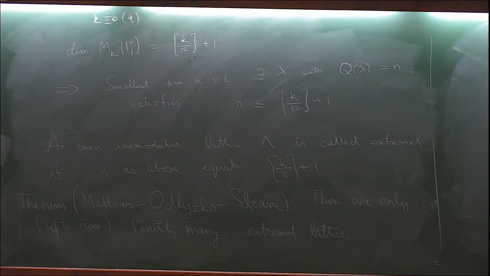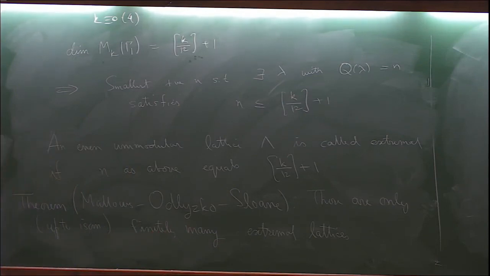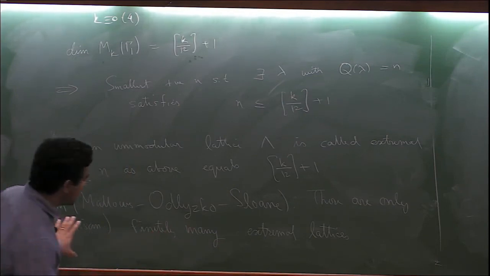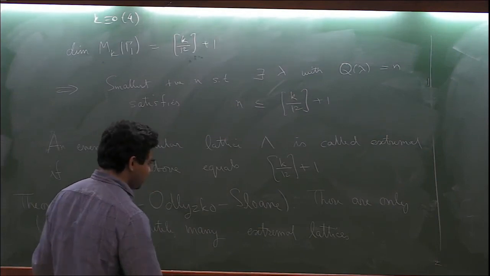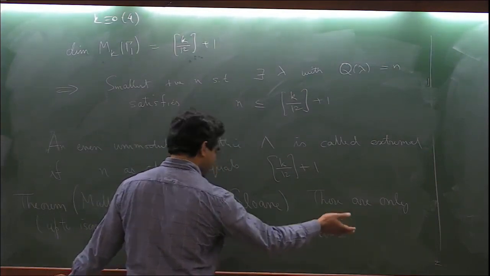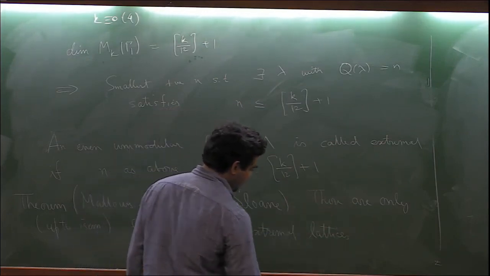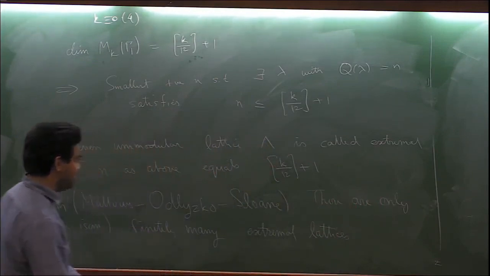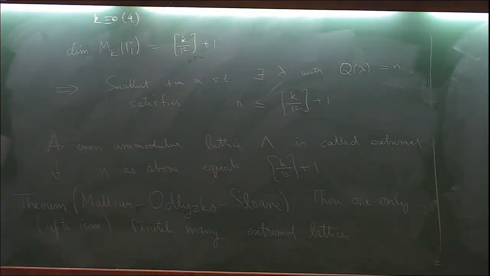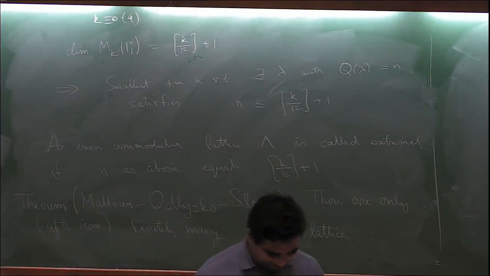That is roughly the idea behind the proof of this, and there is an effective bound for this, which is 160,000 or something. So you cannot have an extremal lattice of rank more than, let's say, 70,000. Okay, so I'll stop here.